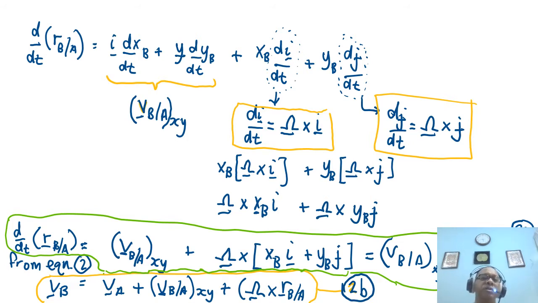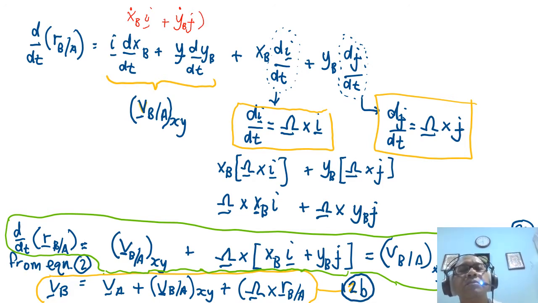Just now we had d over dt of position vector B relative to A, which gives us x dot b i plus y dot b j as before, written in terms of small xy.